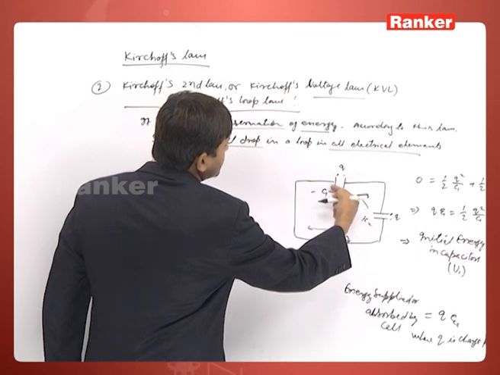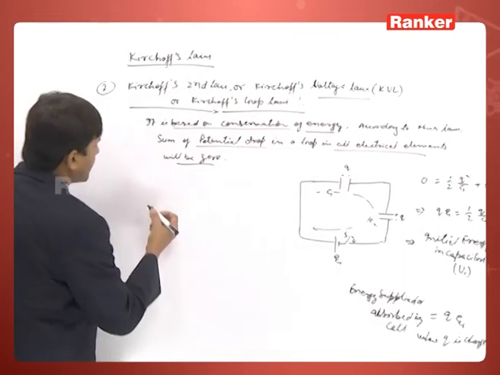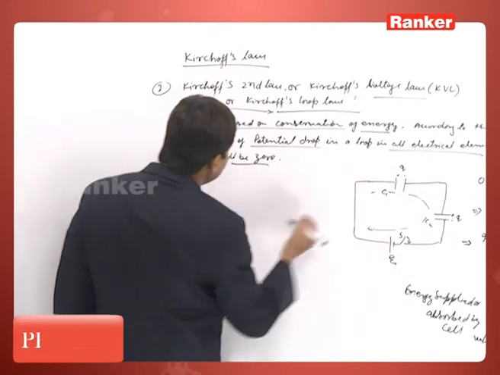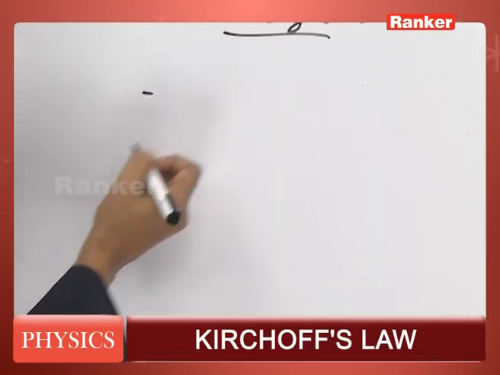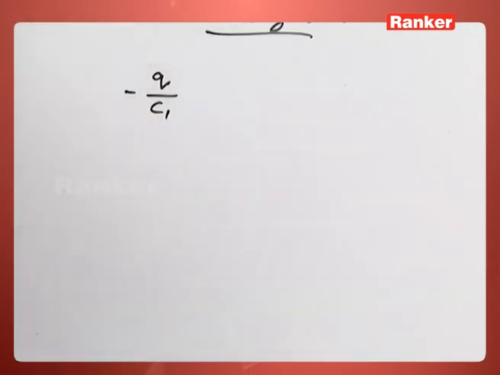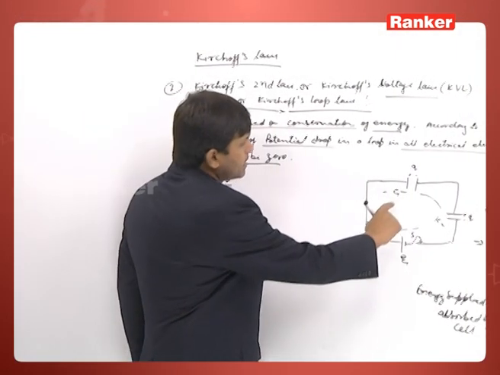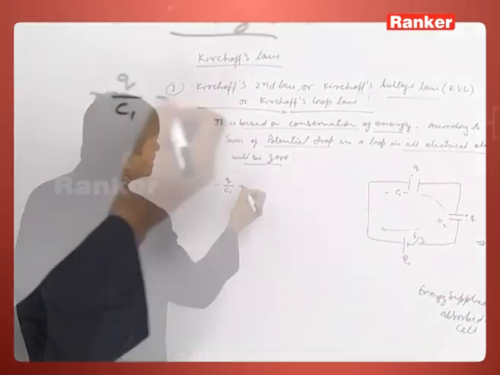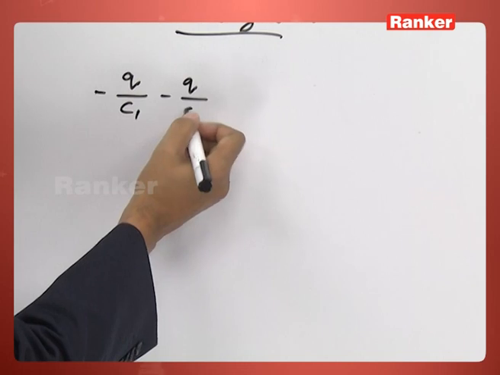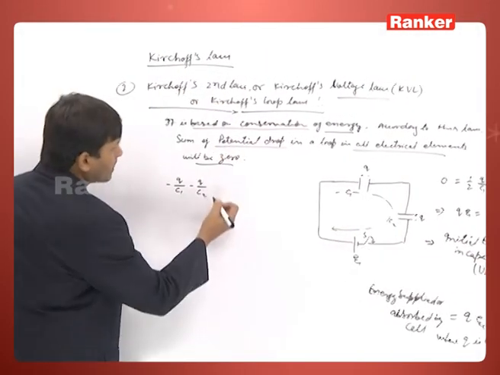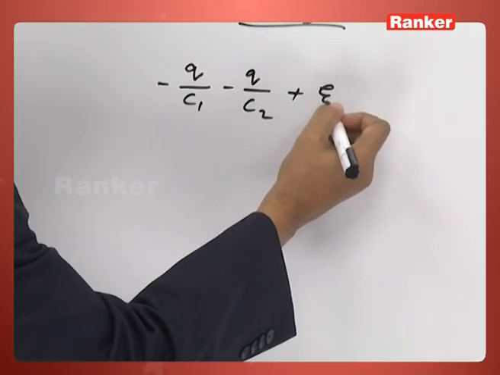Going to this capacitor, since we are leaving from the negatively charged plate, the potential of the capacitor is written as negative, minus Q by C1. Then we leave from the other plate of the capacitor, also negatively charged, minus Q by C2. Then we leave the cell from the higher potential terminal, plus E.